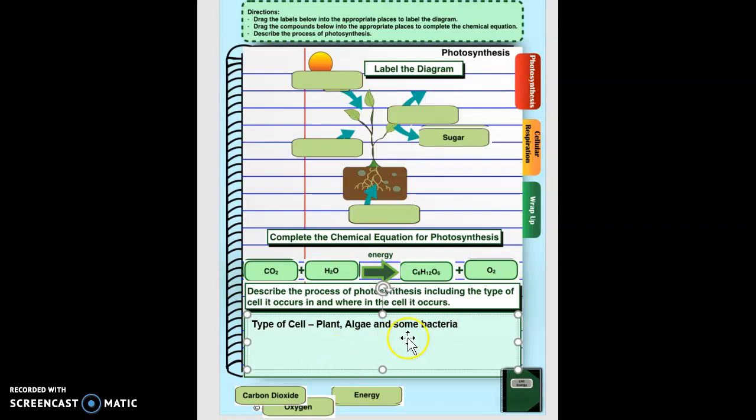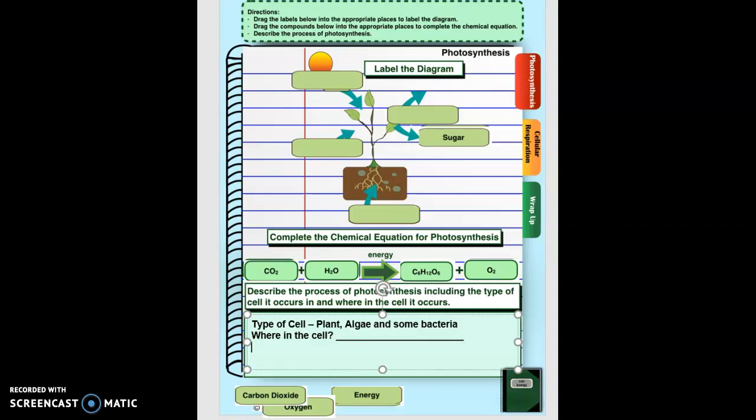Plant, algae, and some bacteria. Okay, where in the cell? I want to know right here the organelle that does photosynthesis, which you should know because we just got done doing organelles. So you figure that out and fill that in yourself.